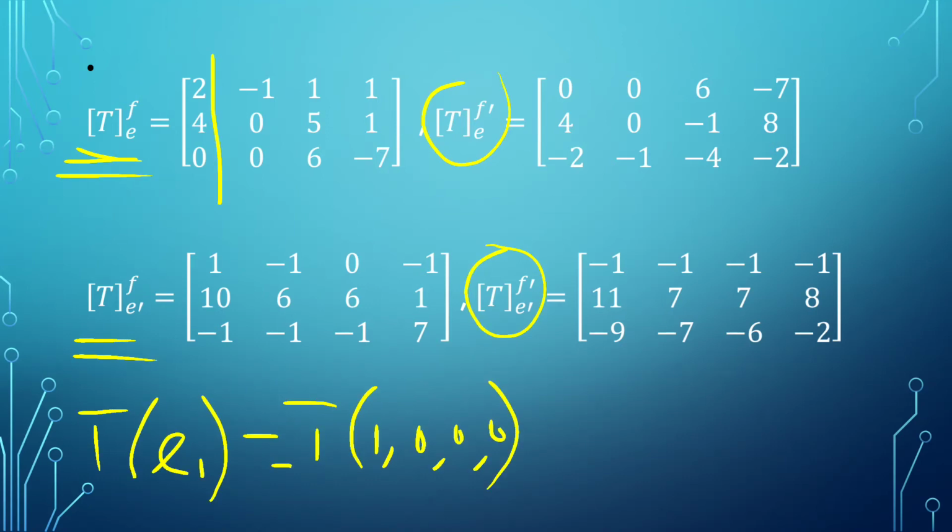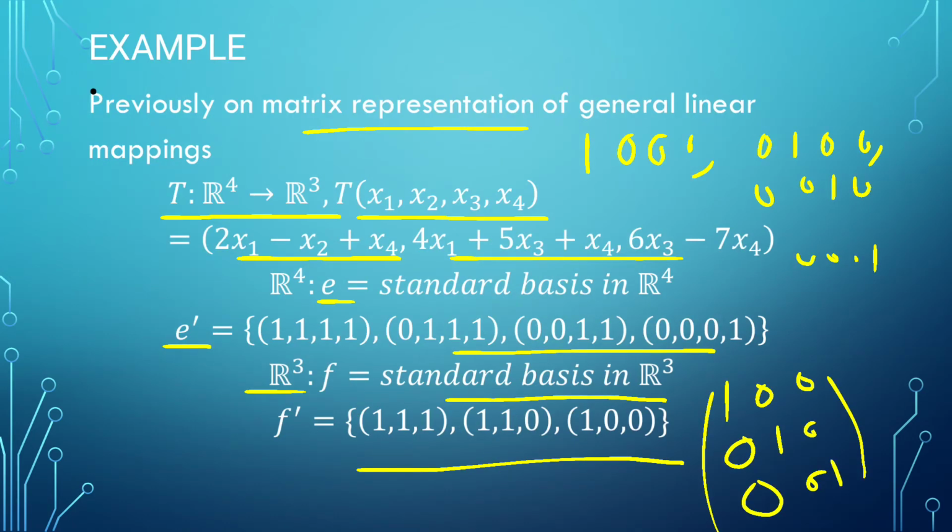What does this mean? It means that x1 is 1 and the others are 0. So by definition here, x1 is 1, x2 is 0, x3 is 0, x4 is 0.